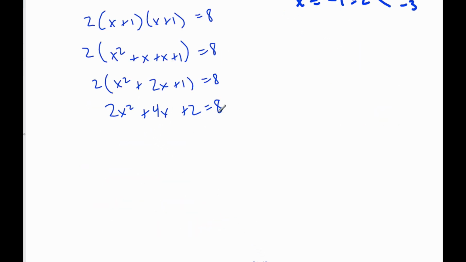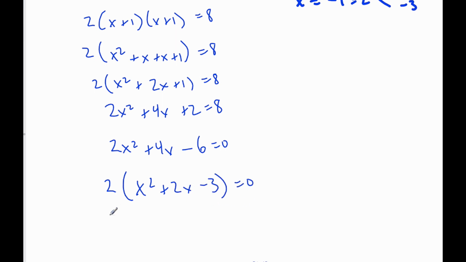If I subtract the 8 over, so I get one side equal to 0, I get 2x squared plus 4x minus 6 is equal to 0. And then I have to factor it. I'm going to pull out my common factor first, 2, and I get x squared plus 2x minus 3 equals 0. And then I ask myself the magic question, if you remember that from last year. These are both x's.